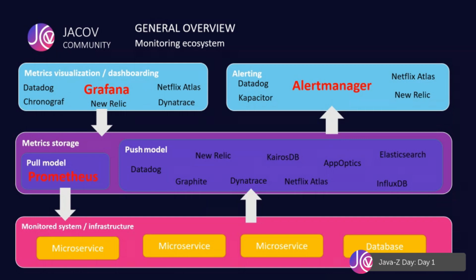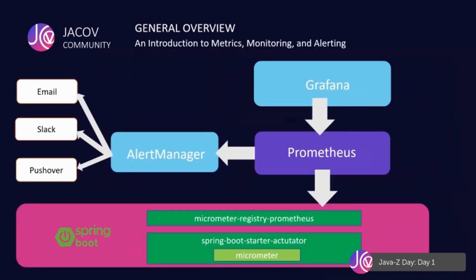The ones I chose are commonly used, and there is a lot of knowledge about them. So our target environment consists of Prometheus, Alertmanager, and Grafana. Those components are open source and community driven. And we'll use the Java Micrometer library to instrument our application and expose metrics.